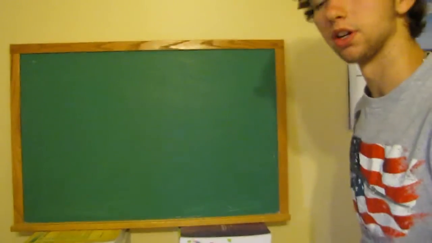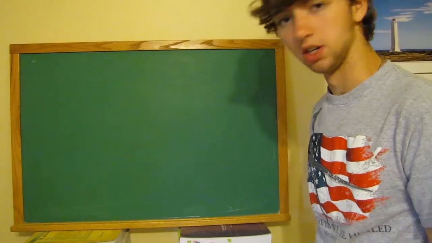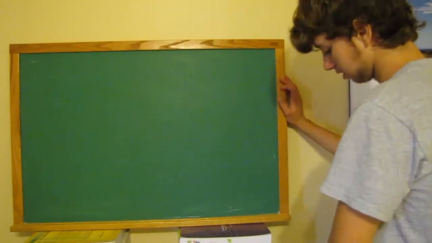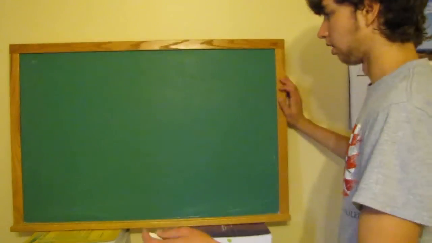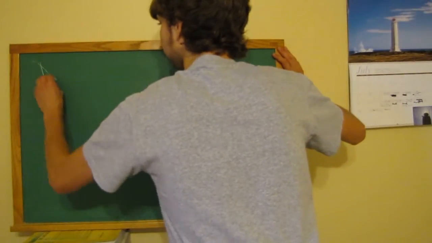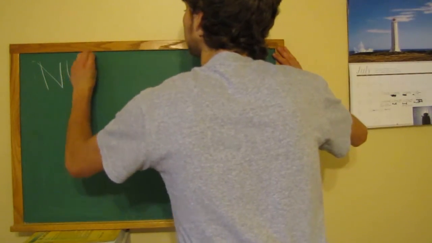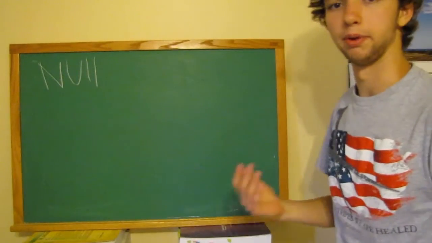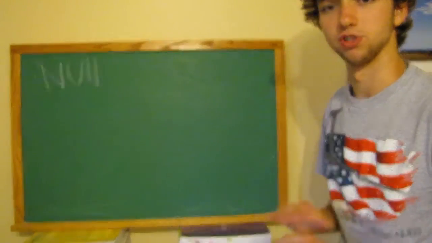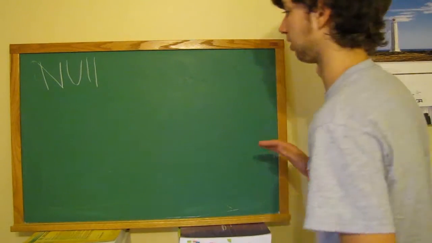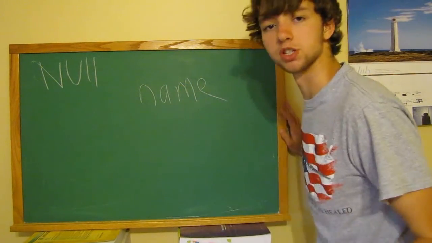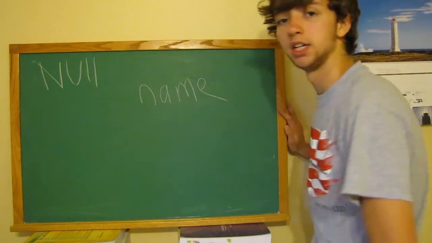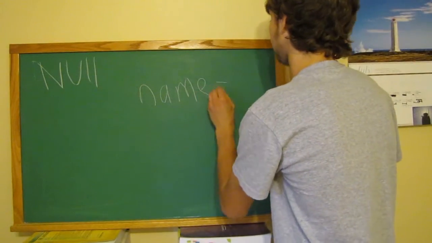As I started recording the other parts, I thought of a couple more terms, so I'm coming back to this. The first one is null. Null means nothing. So basically, if something is null, there's nothing there. The entry is blank. If you sign up for something and you do not put your name, it will be stored as null.